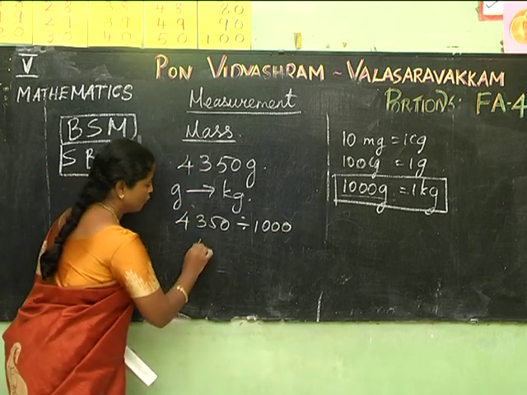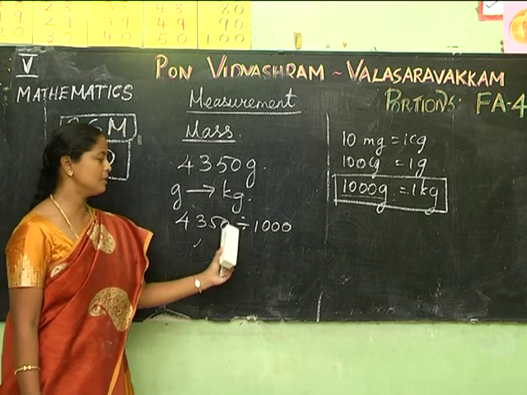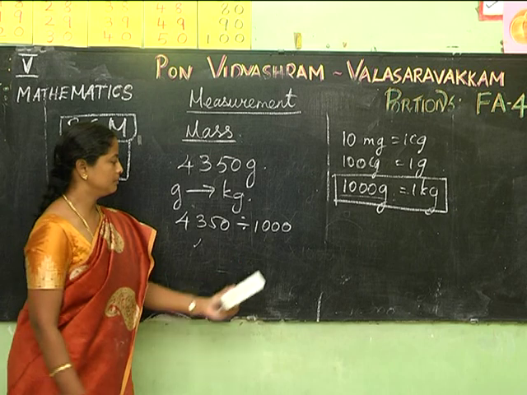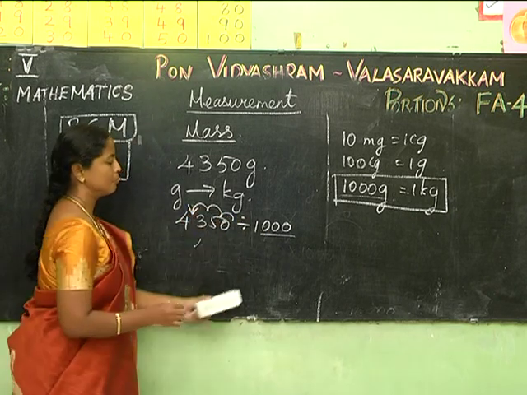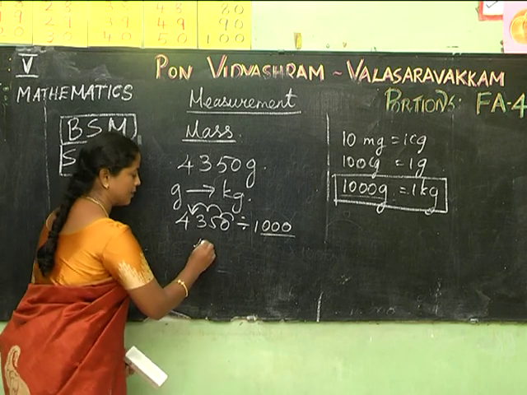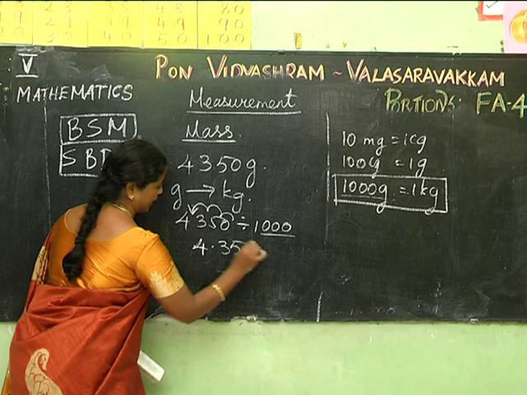For dividing by 1000, we have to move towards the left. So I am moving 3 places towards the left. The answer is 4.350 kg.